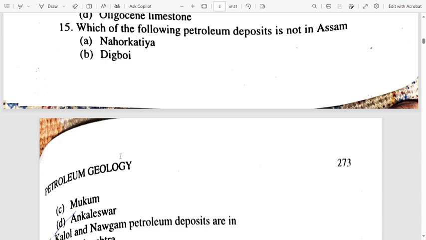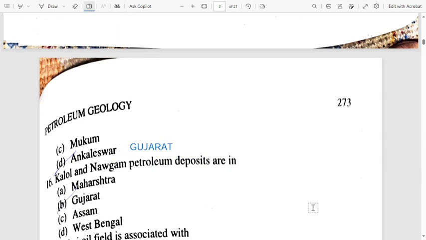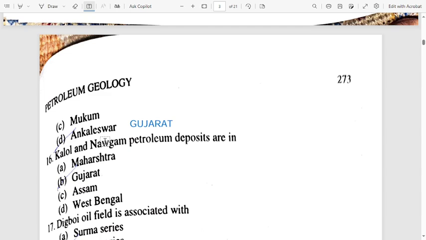It is in Gujarat. See, Ankleshwar is in Gujarat. Kalol and Nogam petroleum deposits are in Gujarat. Okay, Kalol, Nogam, these are very famous petroleum deposits.